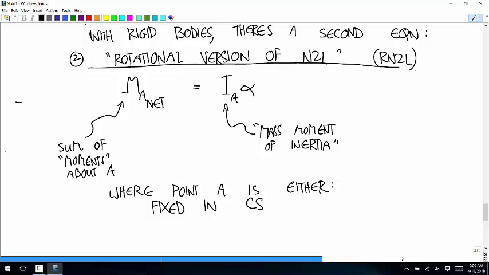If you have a seesaw or something, that hinge is fixed to the ground and your coordinate system is fixed to the ground. So the hinge is fixed in your coordinate system. Or it could also be the body's center of mass. That makes the calculations a little harder, though, and we're not going to worry about that.